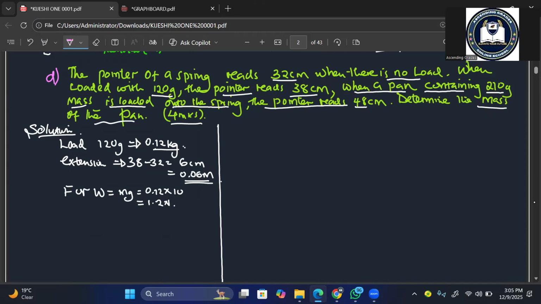So the first thing, we get the spring constant. The spring constant will be given by the force over extension. And we have a weight of 1.2 against an extension of 0.06.